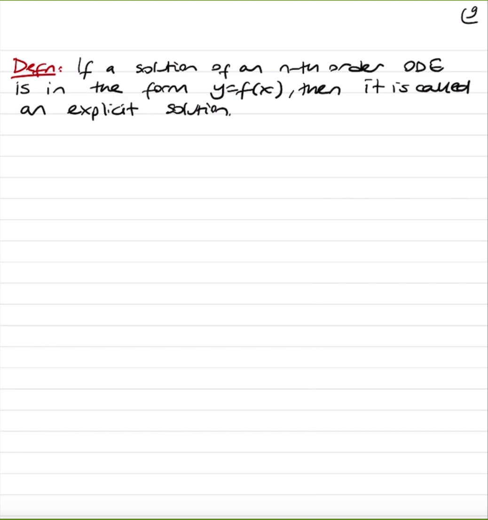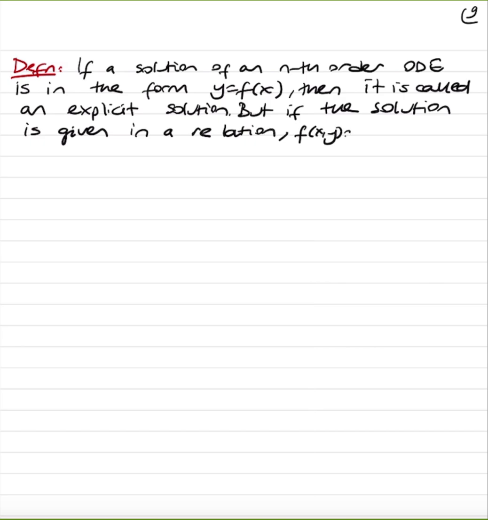But if the solution is given in a relation, let's say like f of x, y is equal to 0, in such a relation, then it is called an implicit solution.